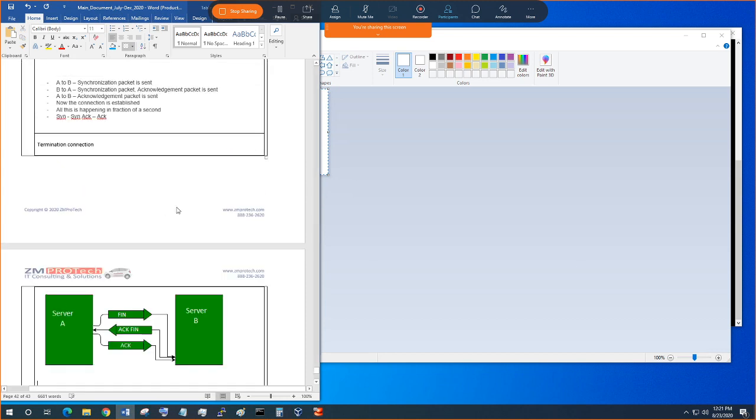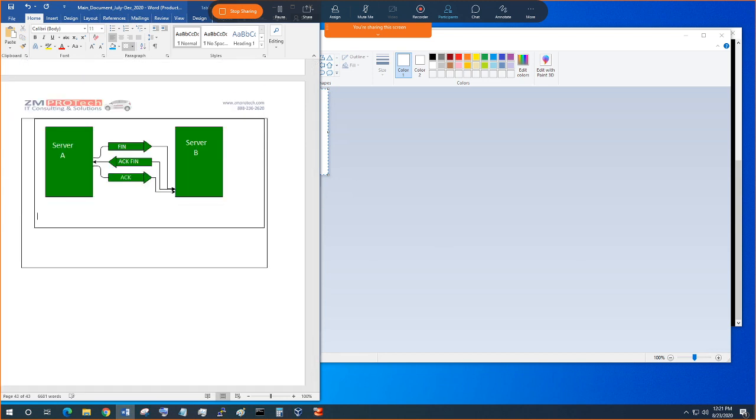So how is the connection terminated? A to B is going to say I'm finished, so it says complete connection.